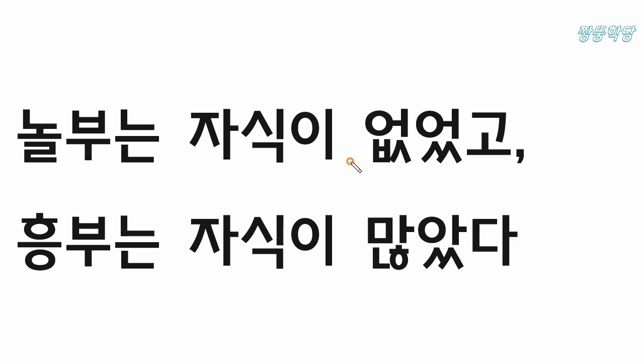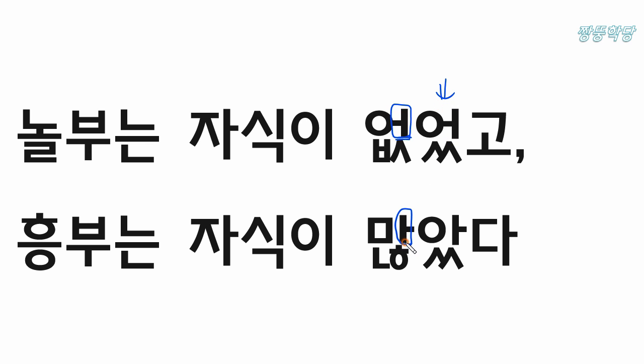And we need to learn one more thing. There is 었 and 았. 었 means past tense and 았 also means past tense. Then what is the difference between 었 and 았? Look here. There is 어 and there is 아. If the vowel of the predicate is 어, then we use 었.